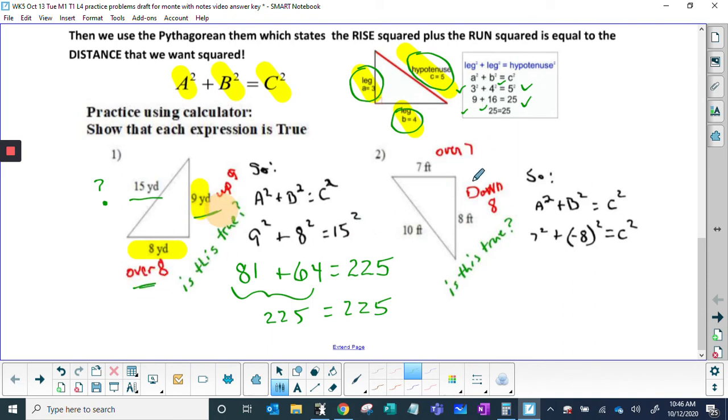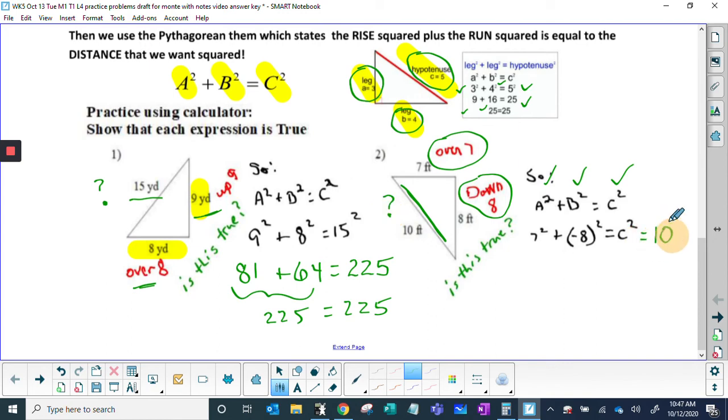Okay, over 7, down 8. Let's try it. We have the first leg squared plus the second leg squared is equal to the long leg squared. Let's verify. 7 times 7 plus negative 8 times negative 8 equals this c squared, which in this case says 10 squared.